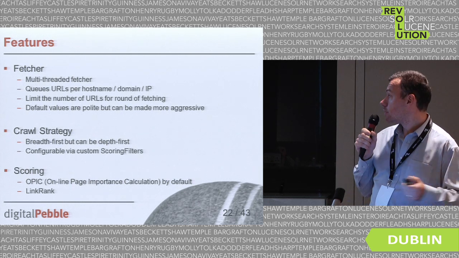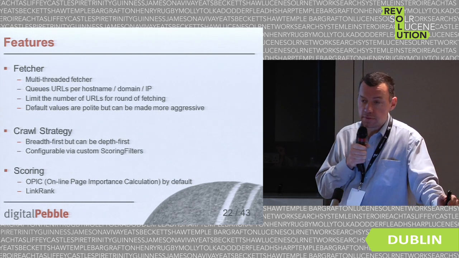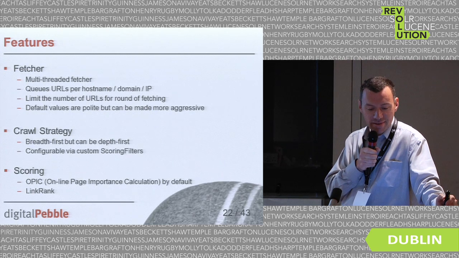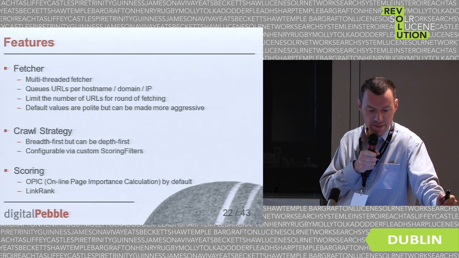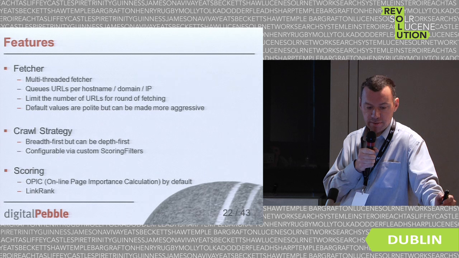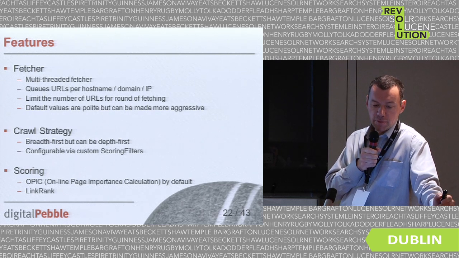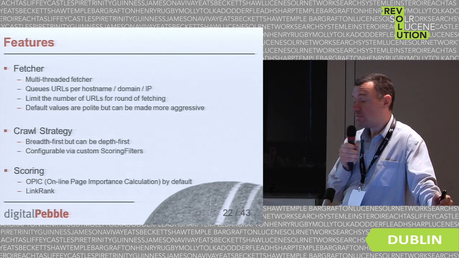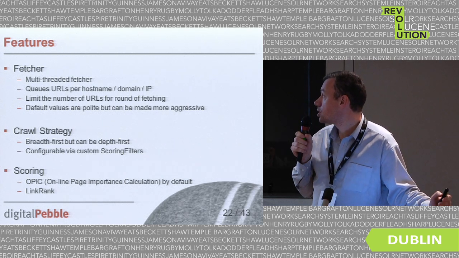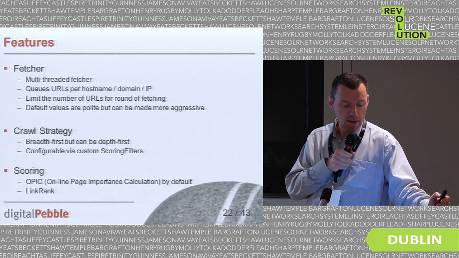Other features of Nutch. Obviously, the fetcher plays quite an important role, being about crawling. The fetcher is multi-threaded. One thing that is pretty important to understand about Nutch is that it is by default very polite.